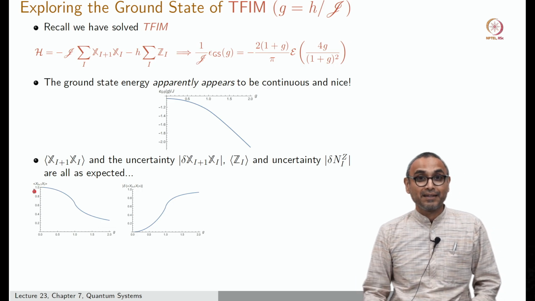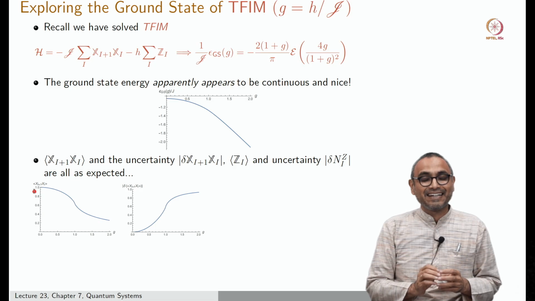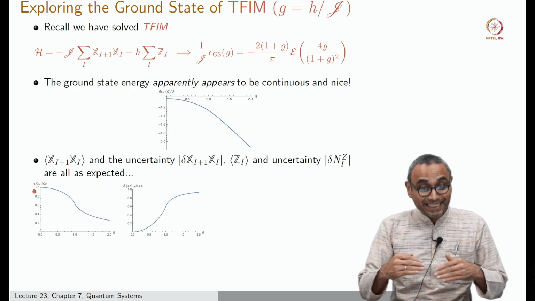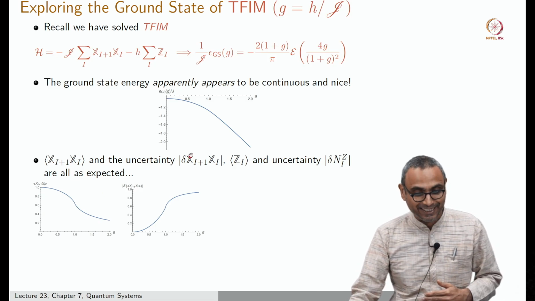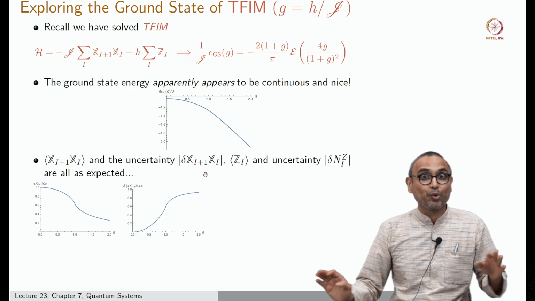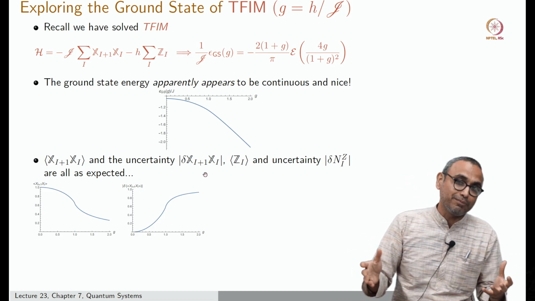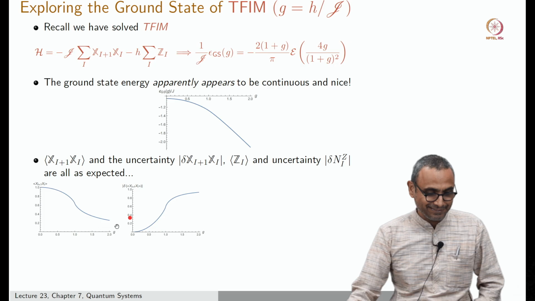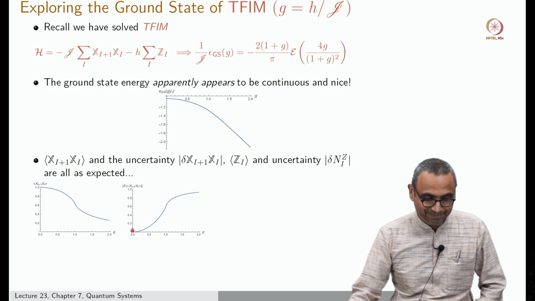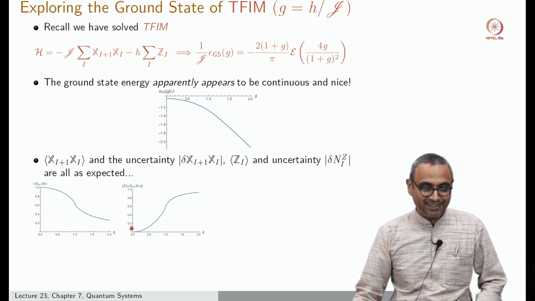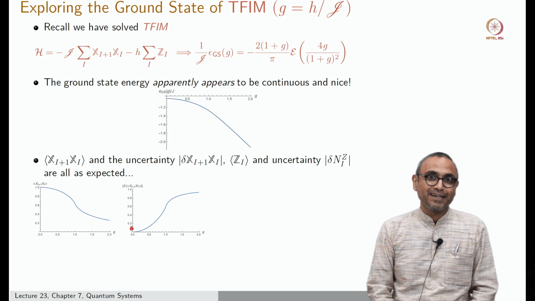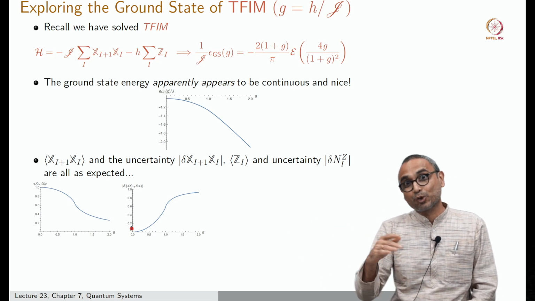Okay. There is more. I can find out what is the fluctuation of this quantity. And I know that fluctuation of that should be 0, because I am in the ferromagnetic state. And indeed, that is 0. Okay. What happens when I go towards the paramagnetic side?